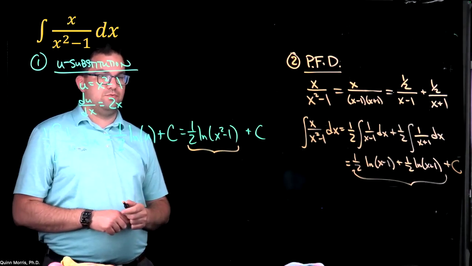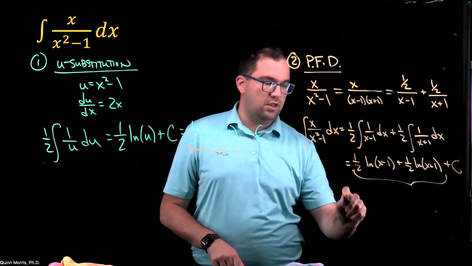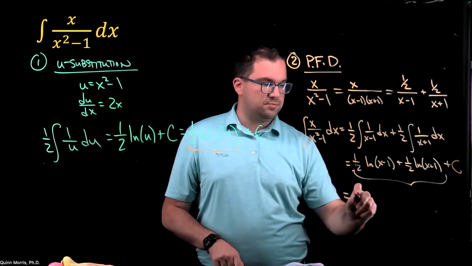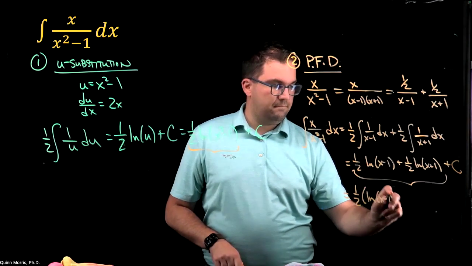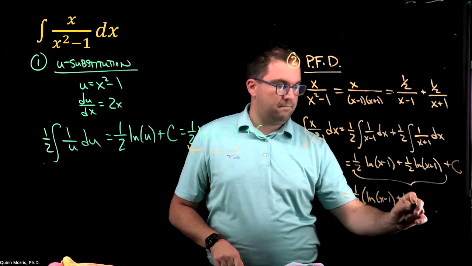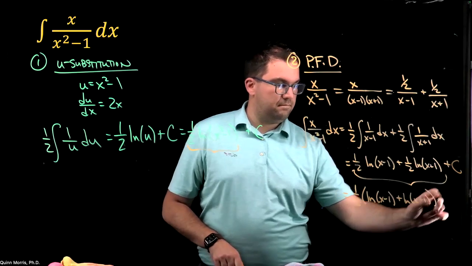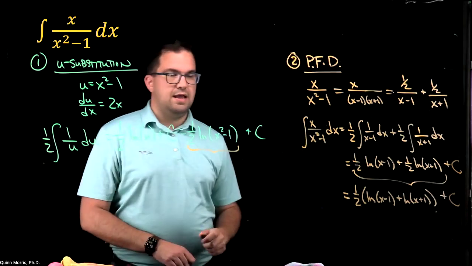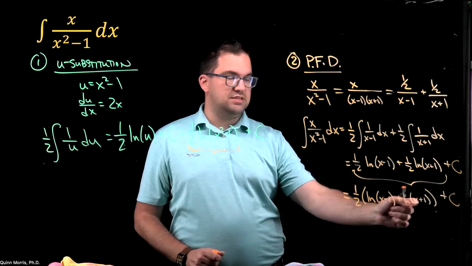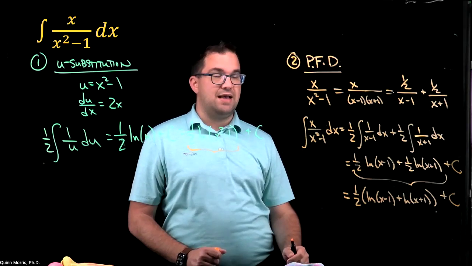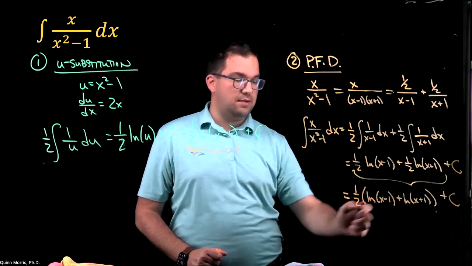And we can see that if we just remember a couple of rules of logs. So if I were to take this expression and factor out the 1/2, and then recall that natural log of a plus natural log of b is the same as the natural log of a times b.